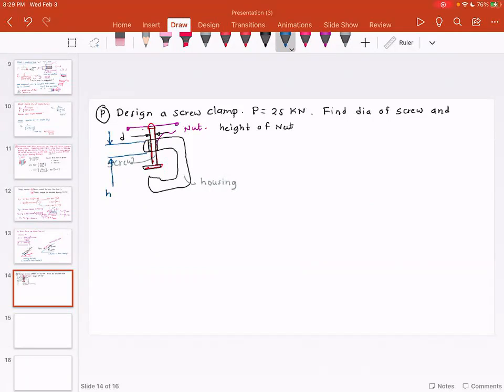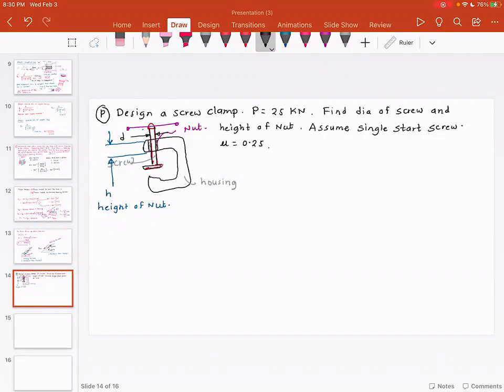This is H, height of nut. Assume single start screw. Coefficient of friction is 0.25.